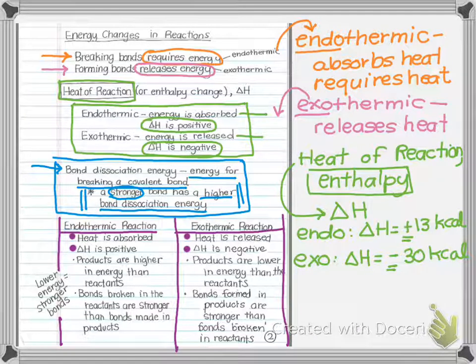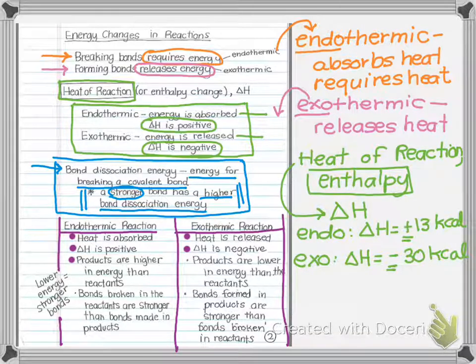Now here's something we haven't talked about. Look at the endothermic: the products are higher in energy than the reactants. You might recall from the discussion of energy that in chemistry, the lower the potential energy, the more stable something is. In an endothermic reaction, because energy is absorbed, you start with a certain energy level, and the products end up being higher than the reactants in energy.